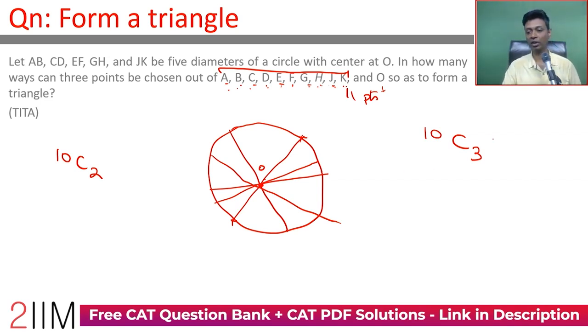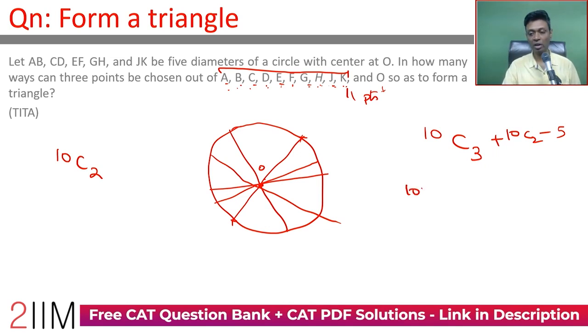So to 10C3, add 10C2, and then from this subtract 5. The 5 selections A, O, B, C, O, D, E, O, F, G, O, H, J, O, K will not be triangles. Pretty much anything else will be a triangle.